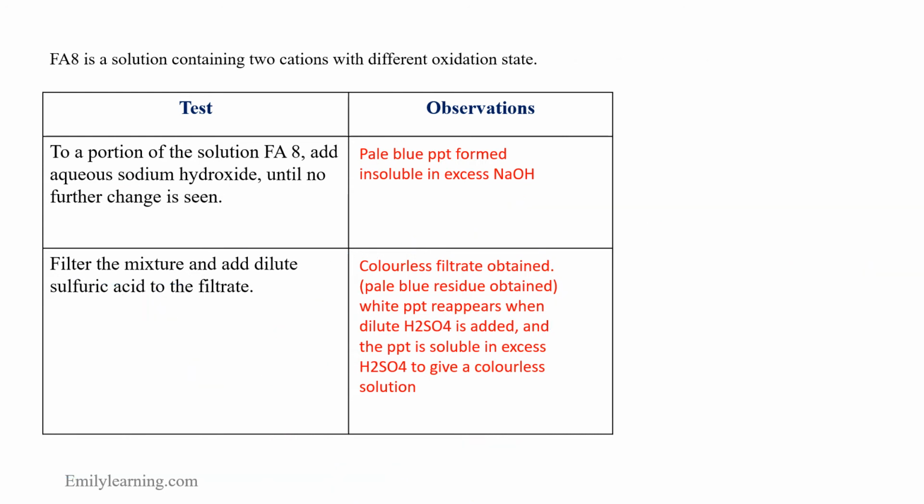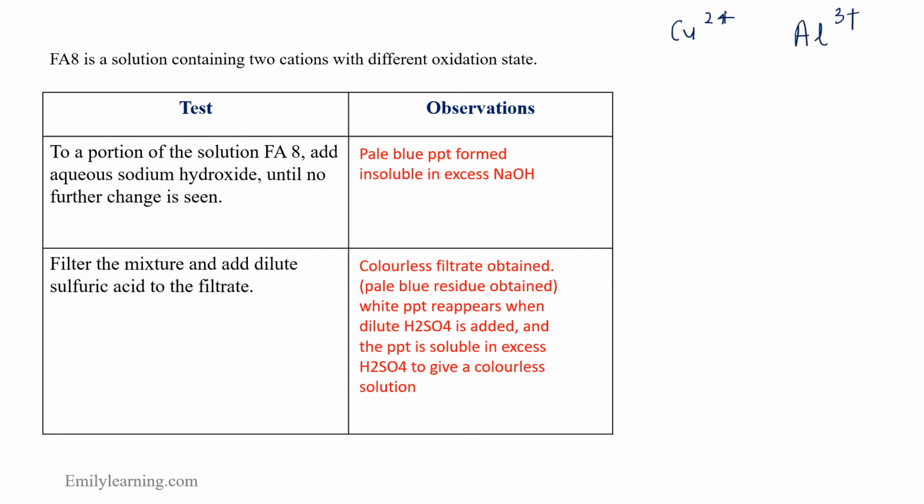Alright, for those of you who like to see things in chemical reactions, let me explain it in terms of chemical reactions. Firstly, we know that there are two cations. From just now, we know that the two cations present are Co2+ and Al3+. So let me explain what is actually happening.